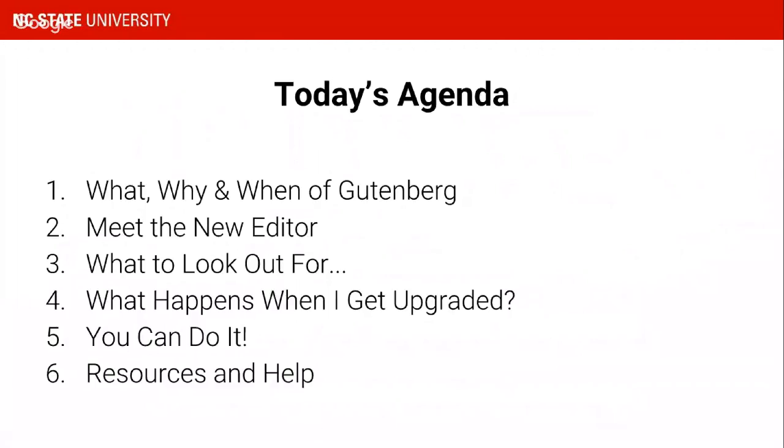We're going to tell you a few things to look out for based on the user testing that we've done with some early adopters on campus. We're going to talk about what's going to happen to the content you've already created in WordPress when you upgrade. And we're going to give you a little bit of reassurance. You can do it. And give you a chance to actually work with the new editor hands-on and hopefully get a sense for what's coming down to your website.